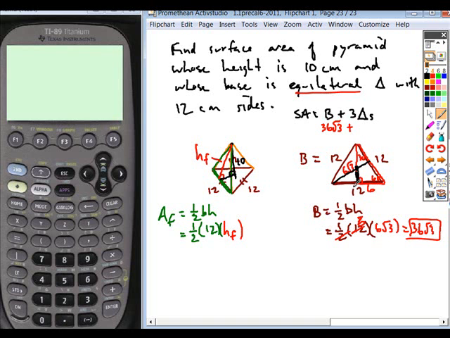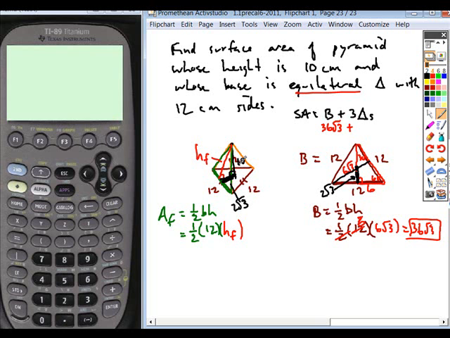You guys remember that from the last chapter of the triangle. The centroid cuts off a median into a ratio of 2 to 1, which means the smaller portion is what fraction of the whole thing? 1/3, right? So if the whole thing was 6 root 3, what does that leave for this smaller portion? 1/3 of that, or 2 root 3. So we have this length of 2 root 3.